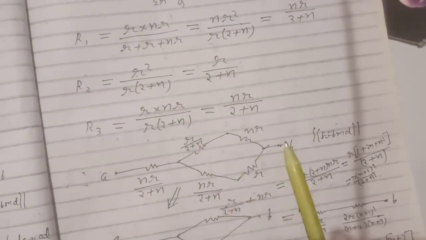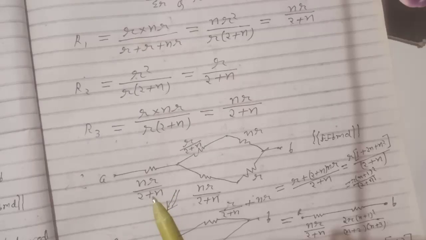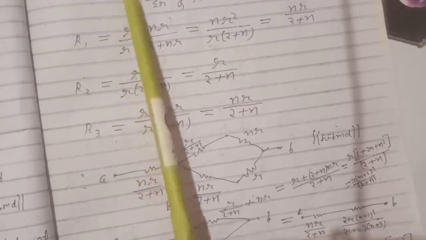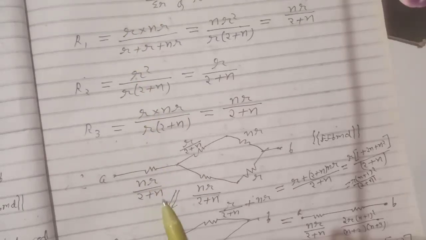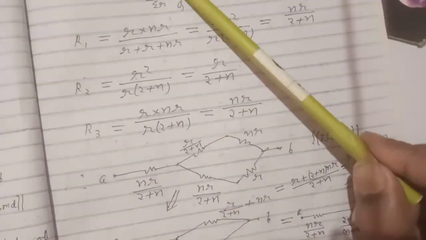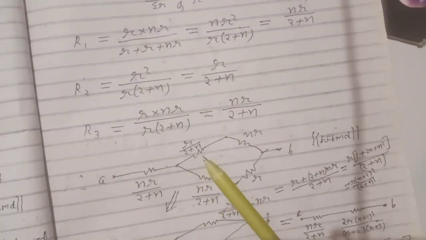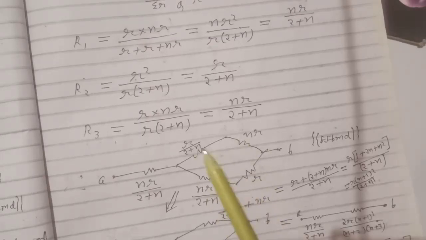So this is point B, this is NR by 2 plus N, representing R1, and this is R by 2 plus N and NR by 2 plus N. Now because these are in series, they can be directly added, because in series we add the individual values directly.